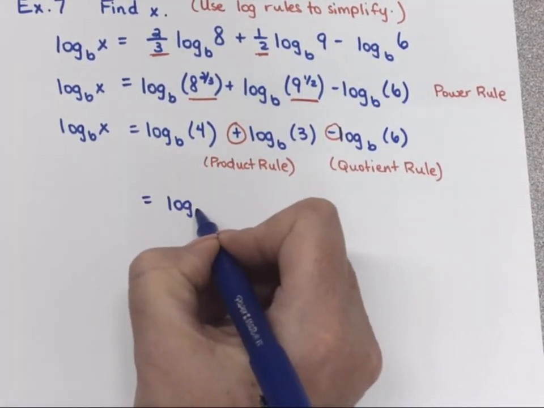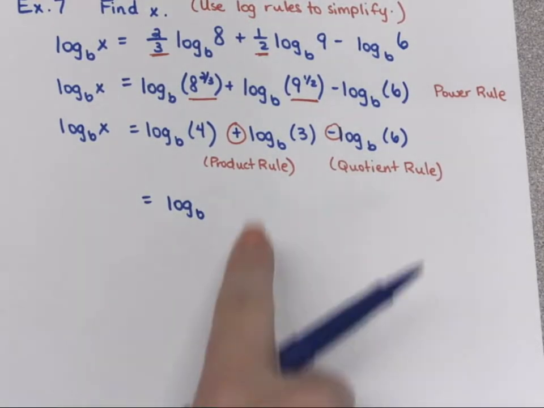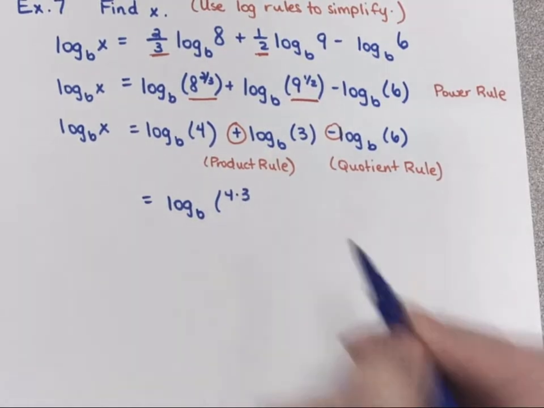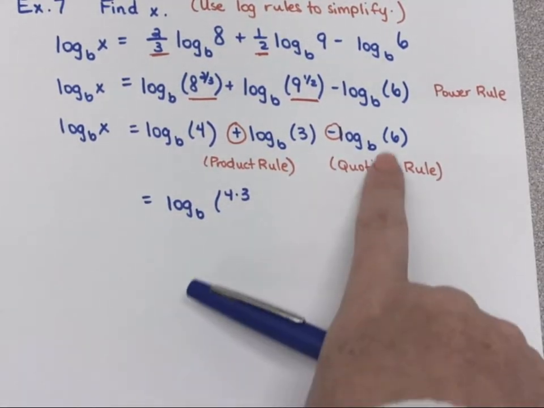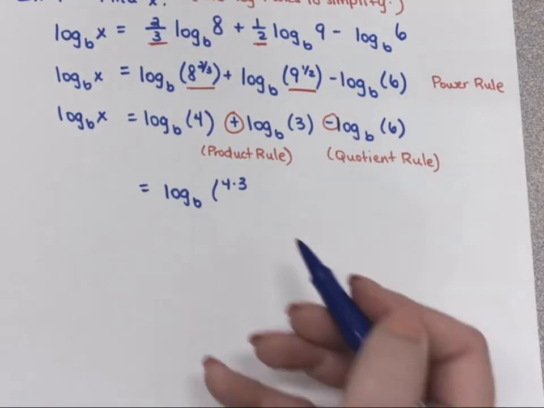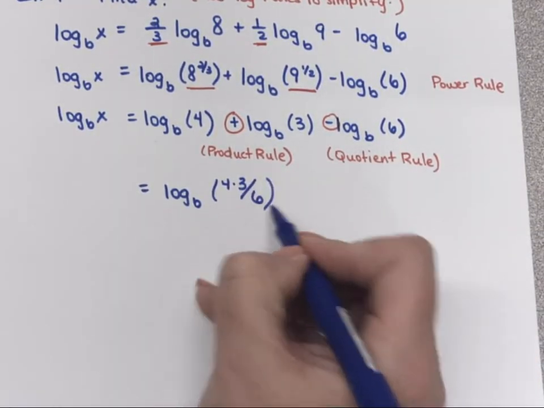We're going to have log base b. What are we going to do between 4 and 3? We're using product rule, so we're going to multiply them, 4 times 3. But then when we get to this one, we subtract it, so where do we need to make that one end up? As a divided by, right? So maybe like divided by 6.